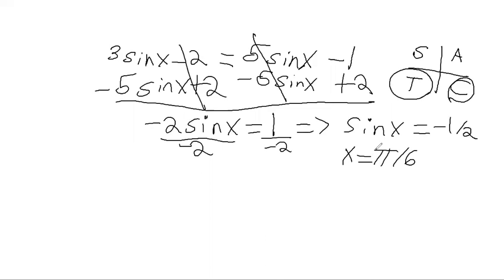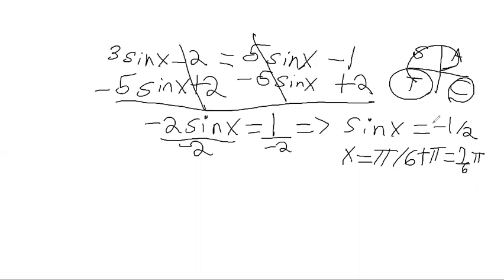So I have to know the exact values where sine gives me negative 1/2. For the third quadrant, it's just going to be my reference angle plus pi, which winds up giving me 7/6 pi.